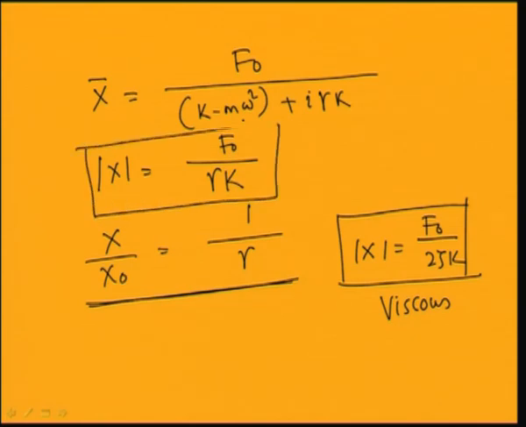In structural damping you can write the stiffness as a complex stiffness, and by doing so you can find the response of the system. The response can be written in this form, that is f0 by (k minus m omega square plus i gamma k), and at resonance you find this equal to f0 by gamma k.